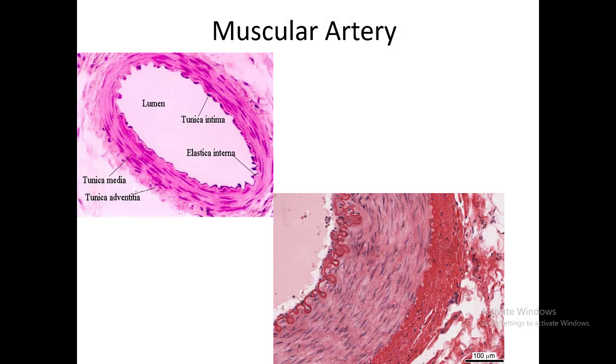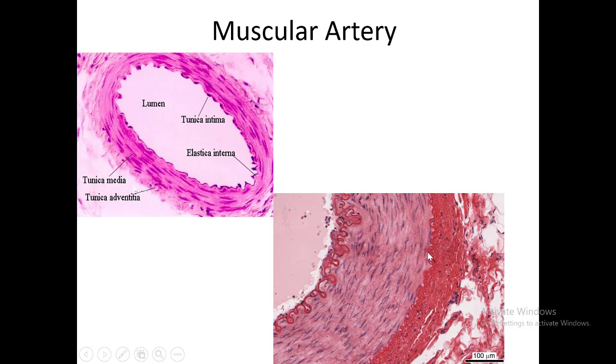Look at the muscular artery. In the muscular artery, the internal elastic layer is obvious and separates intima, I repeat for you, intima from media. Media is composed of circular layers of smooth muscles.